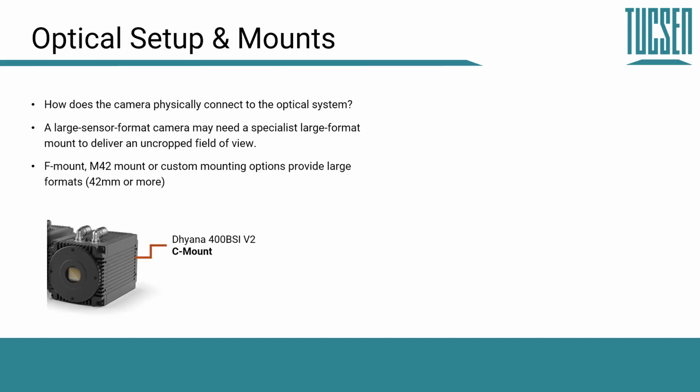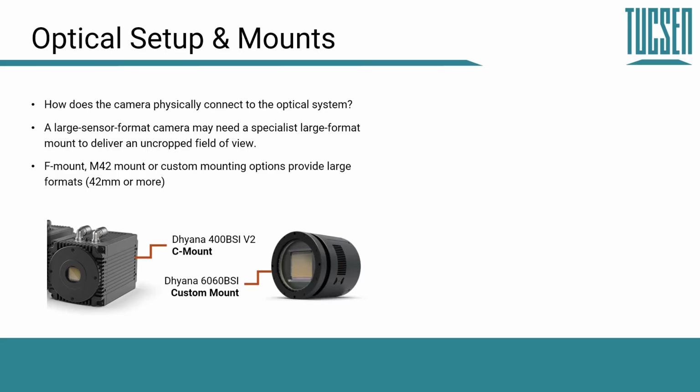If we have, for example, the Diana 400 BSI version 2, this has the smallest of the common mounting options, but also the most common and versatile in microscopy, which is the C-mount. This is up to 22mm fields of view, which matches what the Diana 400 BSI version 2 requires. So we have no cropping here.